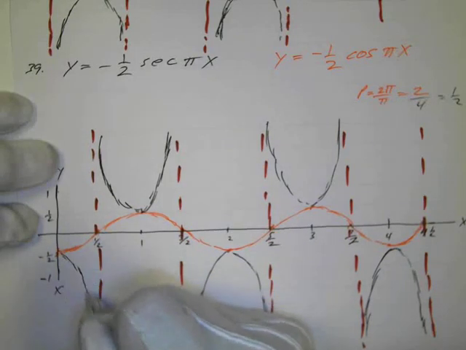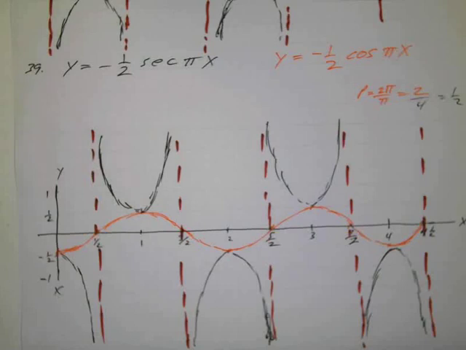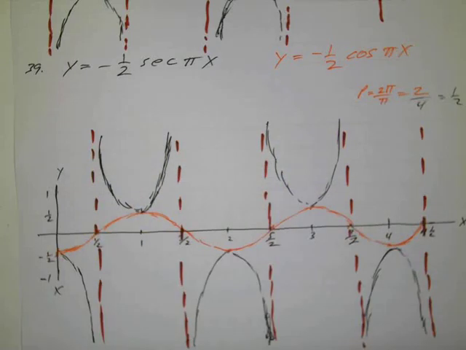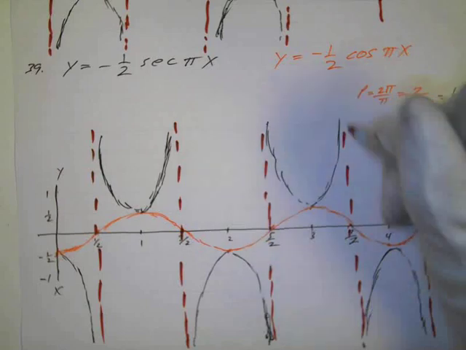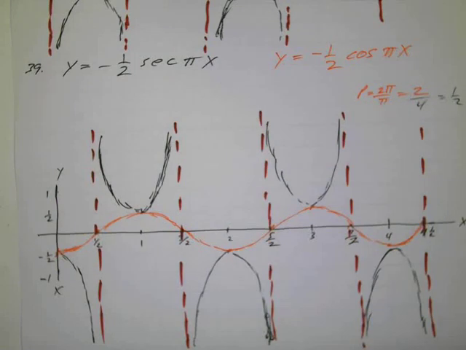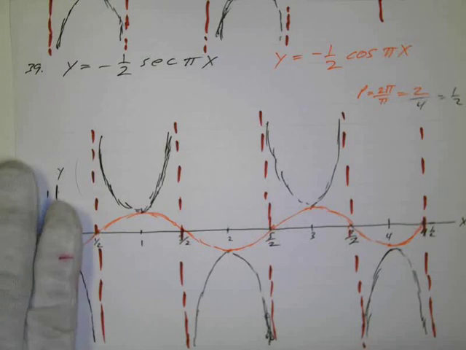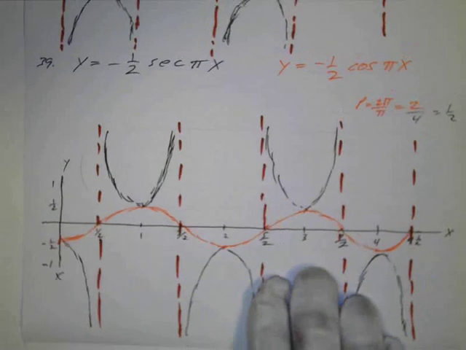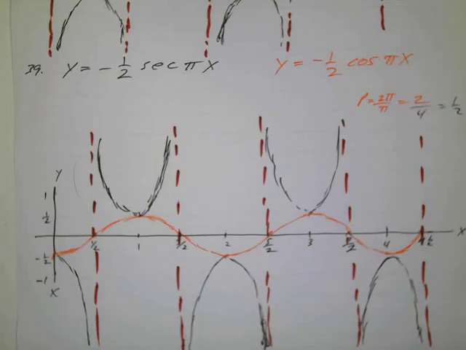Alrighty. And if you wanted, you could show part of this one here. So you get an idea. So something of that nature. You could probably hug this a little bit better, but I'm just sketching these out pretty fast. Okay. I hope that makes sense. There's 2 full periods there, and a little bit more even. Okay. That's 39. Hope that helps.